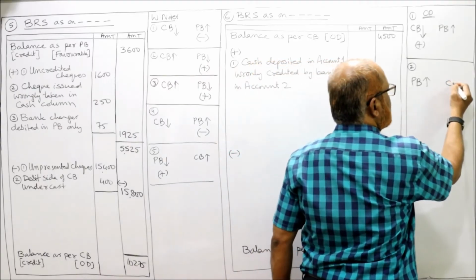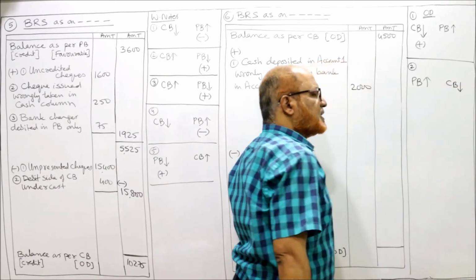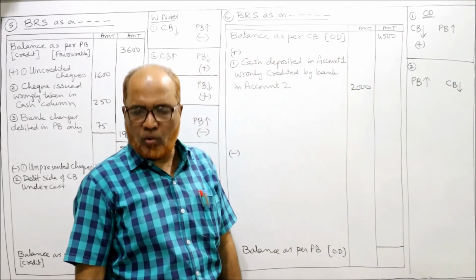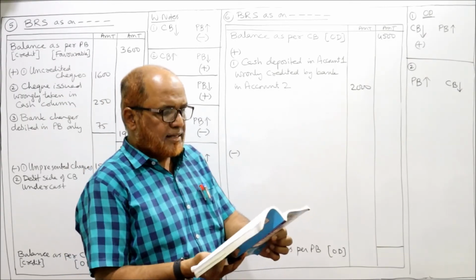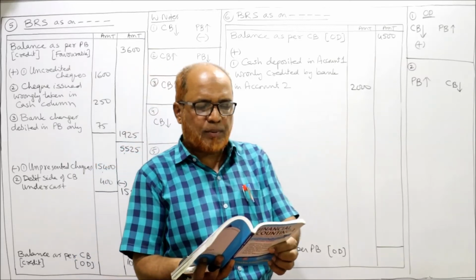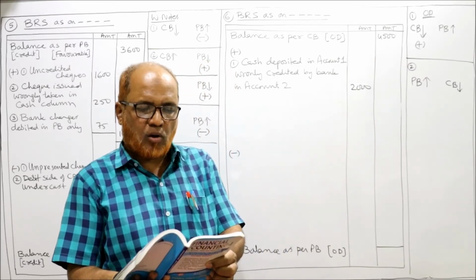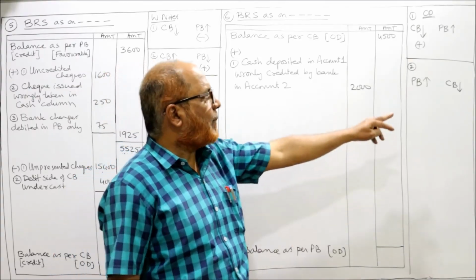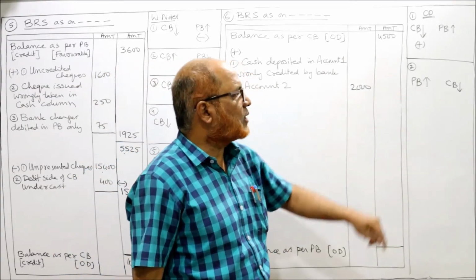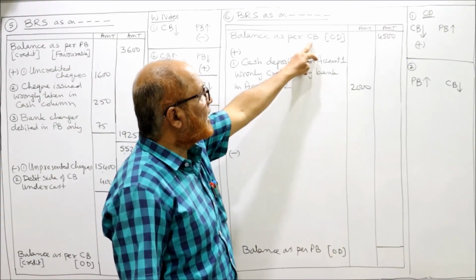In the cash book, it is less. Overdraft has decreased. So passbook more, cash book less. Our starting point is the cash book.